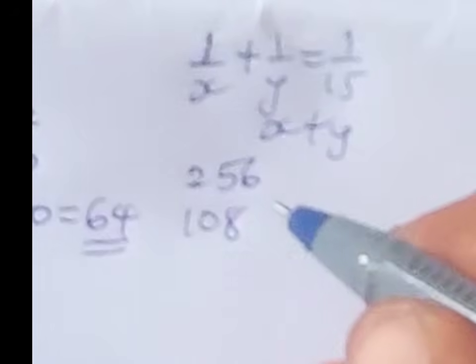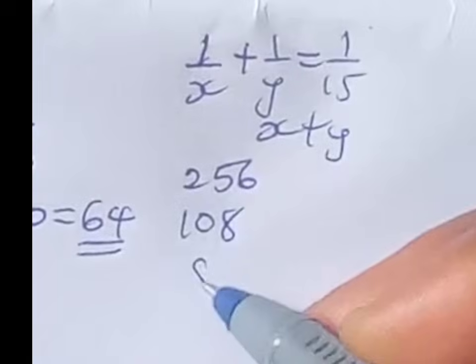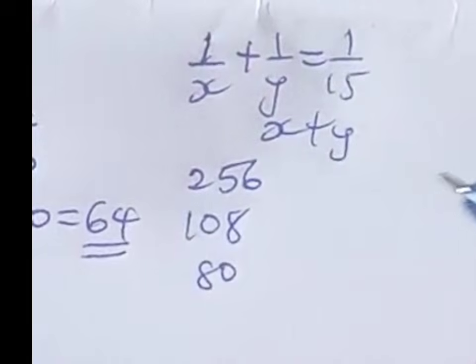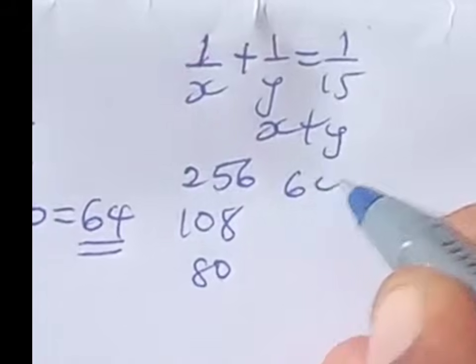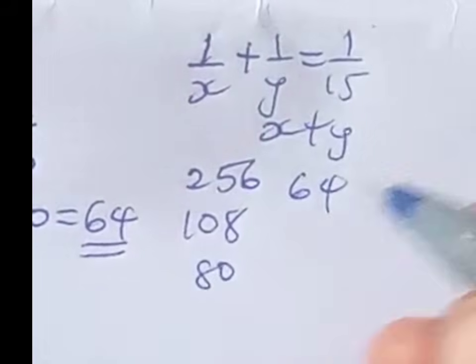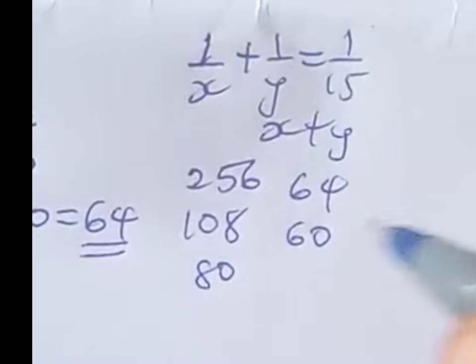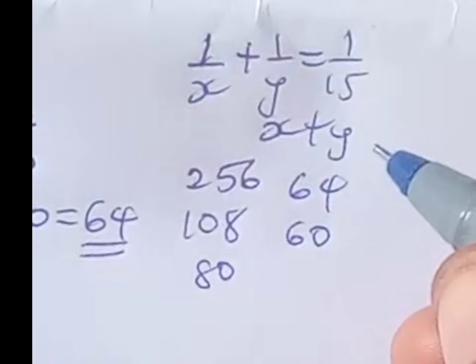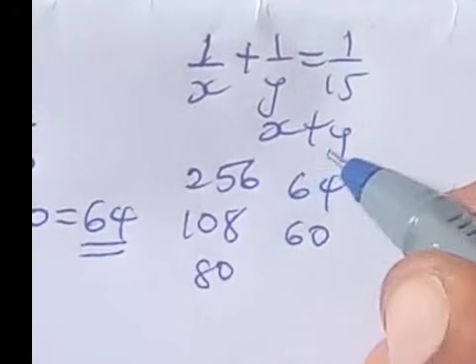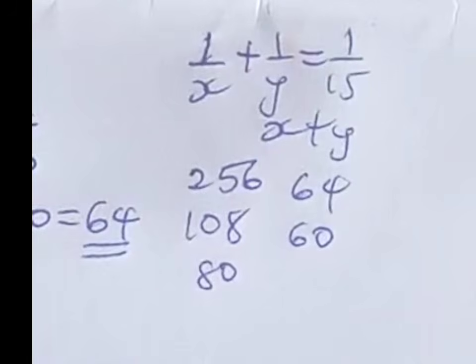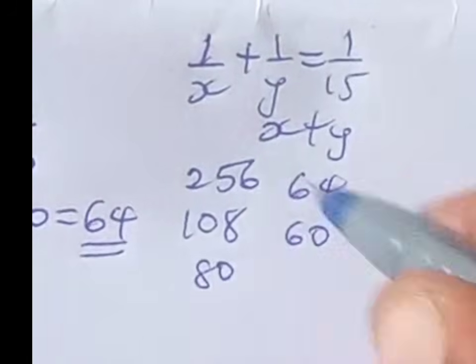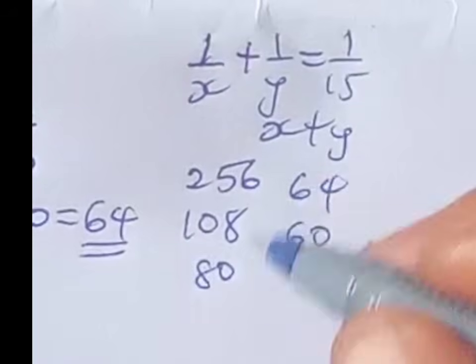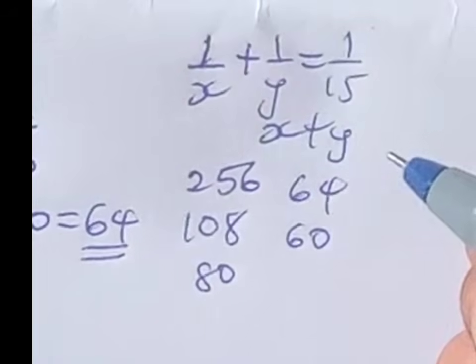If you say your answer is 80, you're correct. If you say your answer is 64, you're correct. If you say your answer is 60, you're correct. All these are the possible solutions to x plus y. The answer to x plus y is not a single solution, but we have 5 solutions to x plus y.